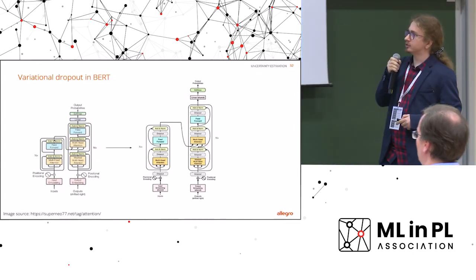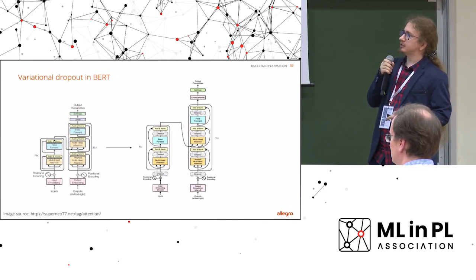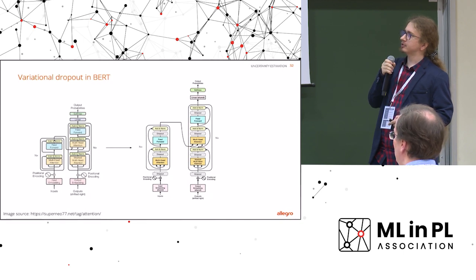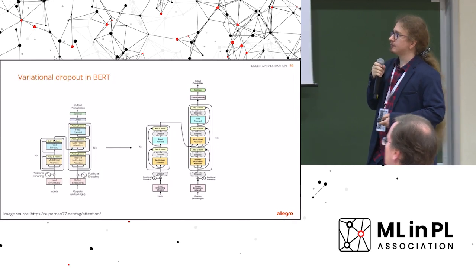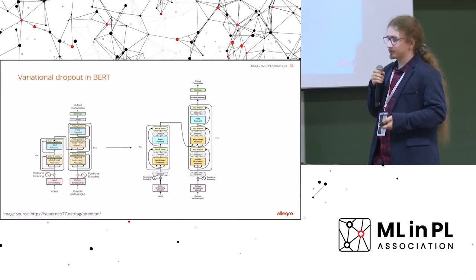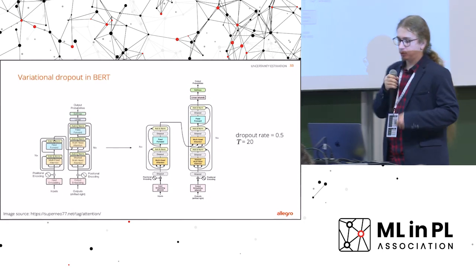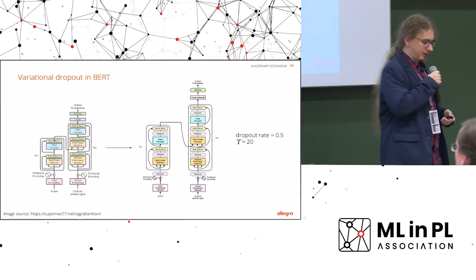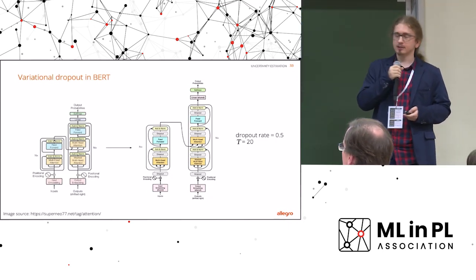We add dropout after the encoding layer, inside each attention head, after multi-head attention, and after the feed-forward layer. This is a simple operation, and when we enable dropout both during training and testing, we get a Bayesian neural network from which we can then estimate our uncertainty.